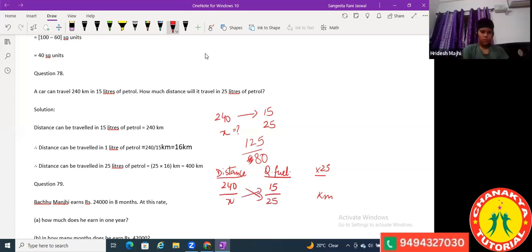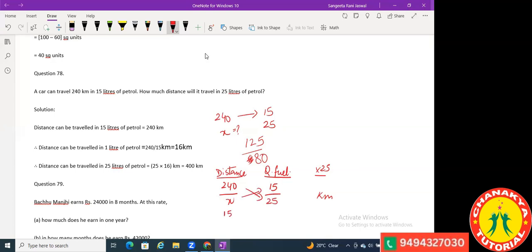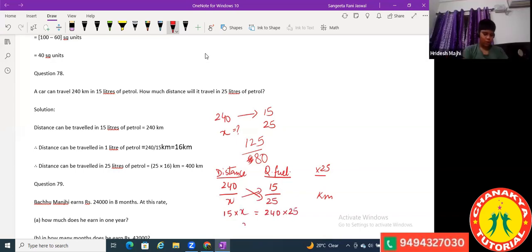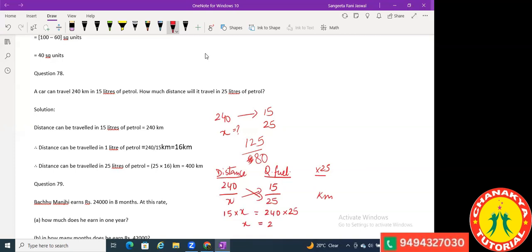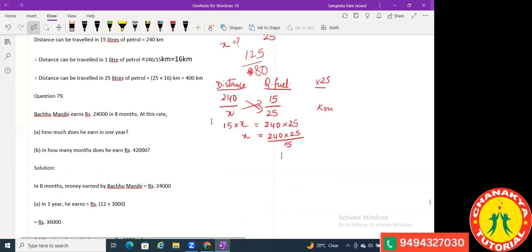Then when you cross multiply, you get 15 into x, and on the other side you get 240 into 25. To find the value of x, you get 240 into 25 by 15. When 15 comes to the other side of the equal sign, it gets divided. You understood this much?